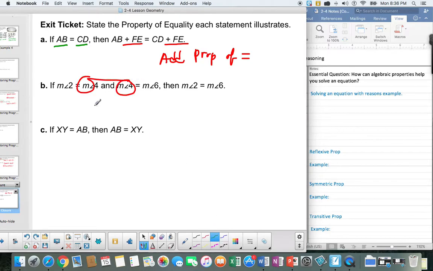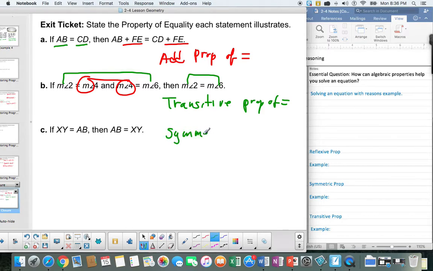So we know that we can go from the first to the last like this, and that's going to be the transitive property of equality. In this one, we're changing order, and that's going to be symmetric property of equality. And this ends the screencast.